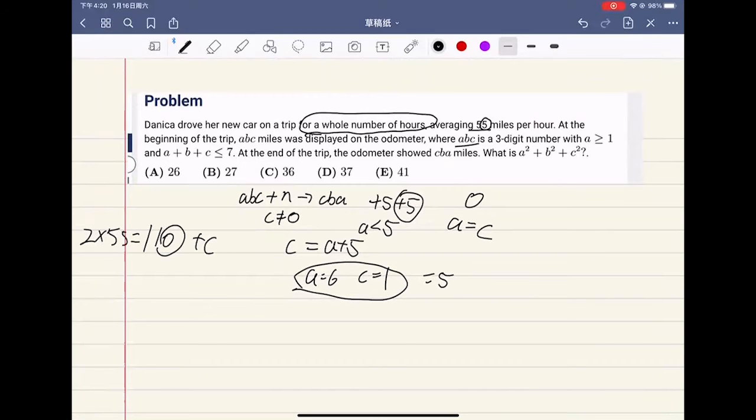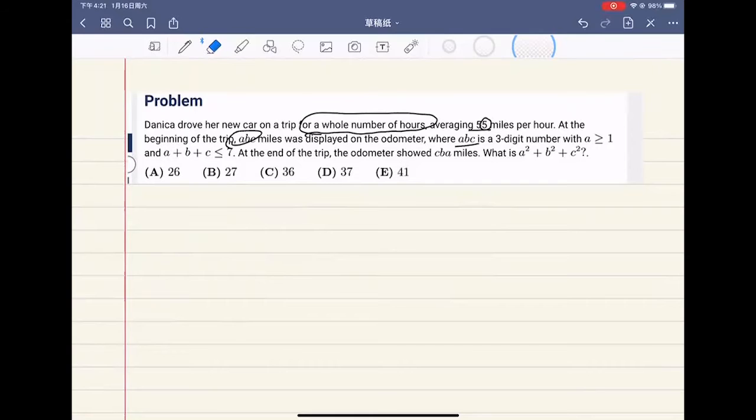So that would make a equal c, but they give 3 different numbers, so they are different numbers. If it's 11, 10, they will add 1 to the first digit, so A shouldn't be equal to C. Get the idea? Mm-hmm.